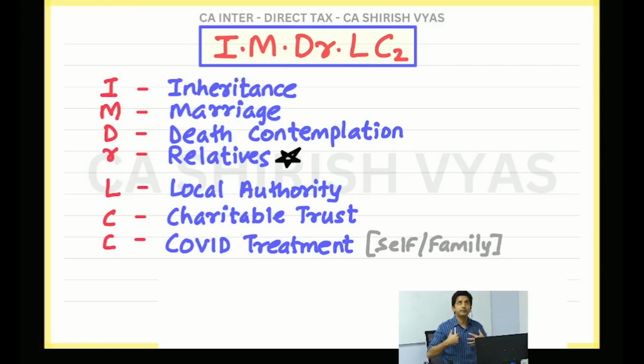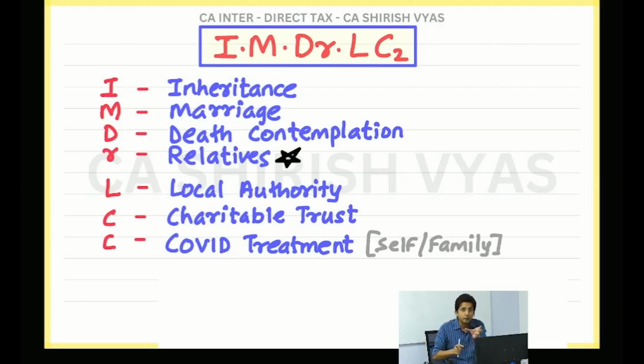So in my case, either I myself should be suffering from COVID or my spouse, meaning my wife, or my children or dependent parents, brother, sister. Dependent means non-earning. So they should suffer from COVID. Then if you receive the gift, only then is it exempt. That means if I say my grandfather, my uncle was having COVID, and for my uncle's treatment I got the gift, then it is taxable.